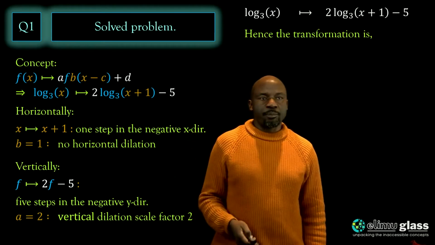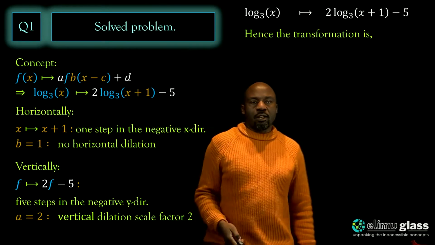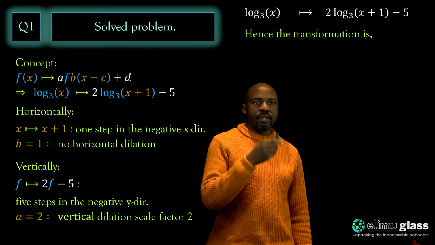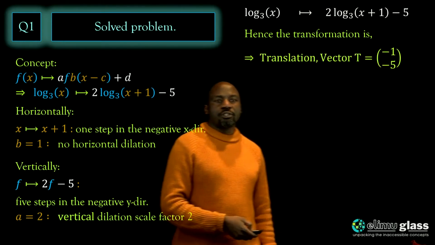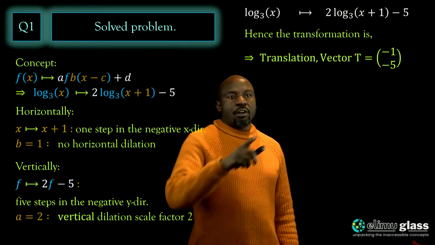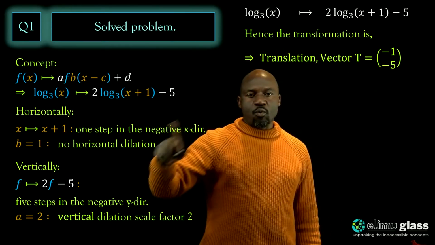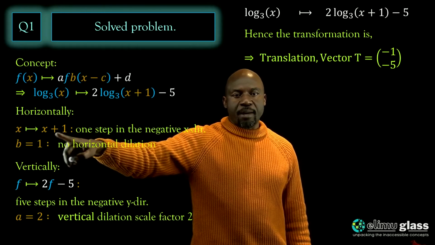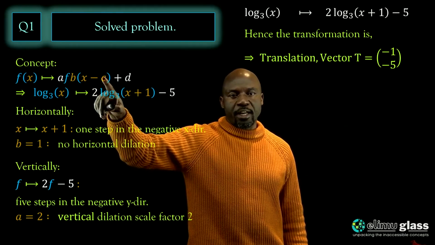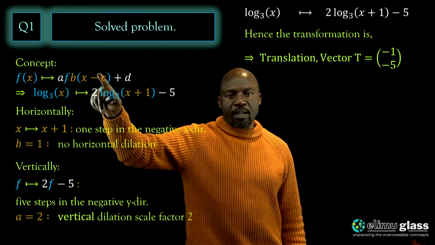So hence the transformation that maps log of x into twice log of (x plus 1) minus 5 has to be a translation of vector (minus 1, minus 5), because there is negative 1 step. If we put this here, it means it's negative 1 in order to make this plus 1.